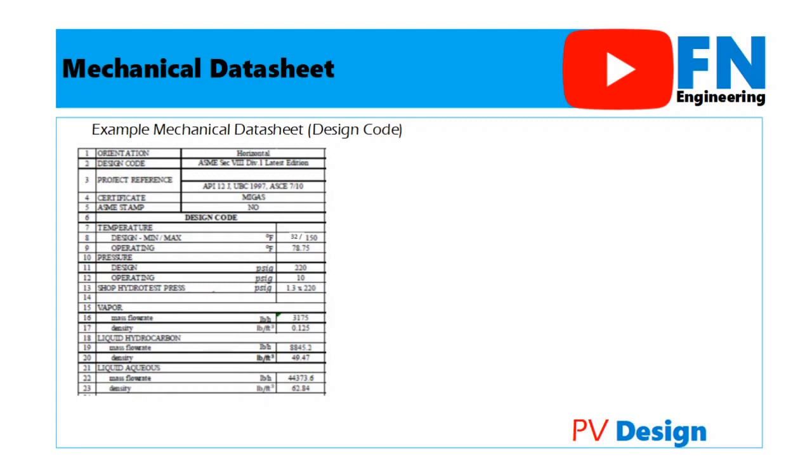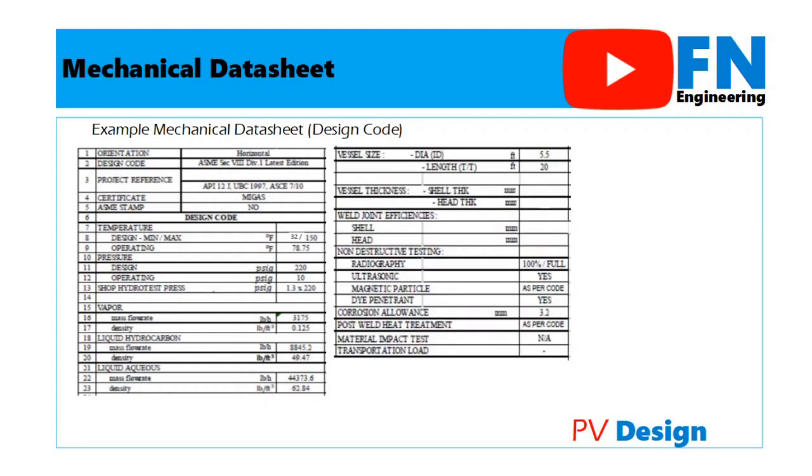Then there are properties of fluid. Next, vessel size is 5.5 feet in diameter and 12 feet in length. There is no data for vessel thickness and joint efficiency, so we have to determine this data.